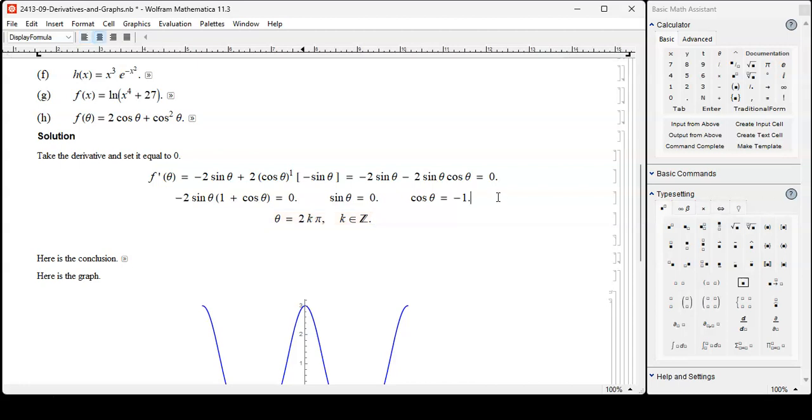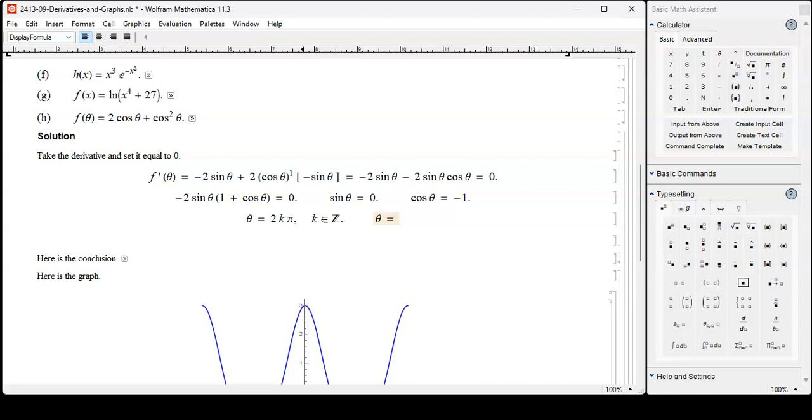And cosine of theta is negative 1. Theta is, let's see, cosine of 0 or 2 pi or 4 pi, those will give you positive 1.